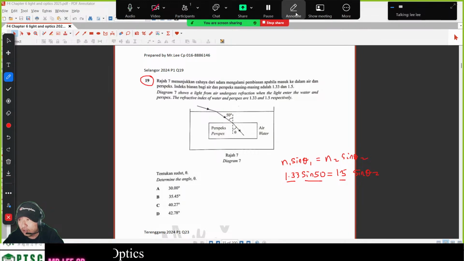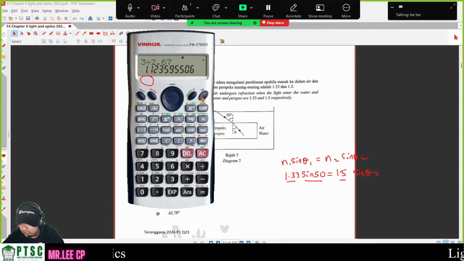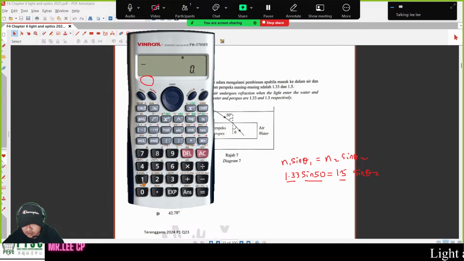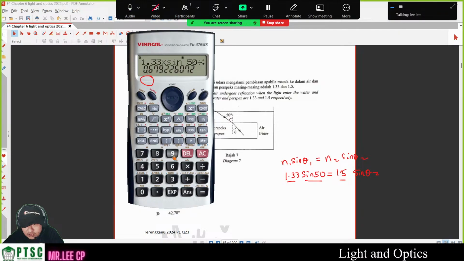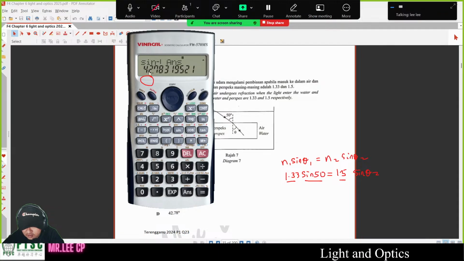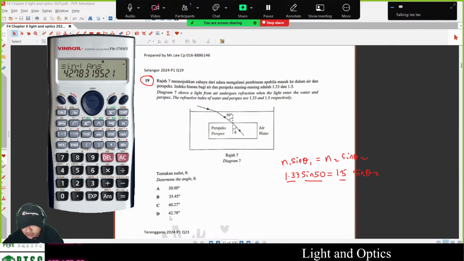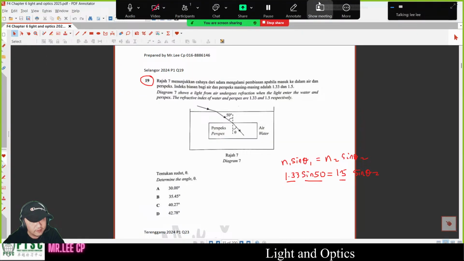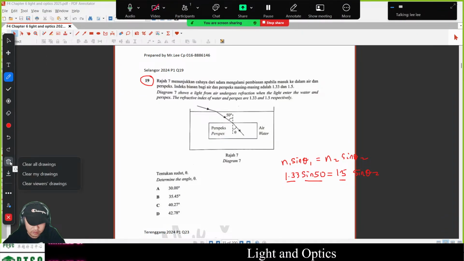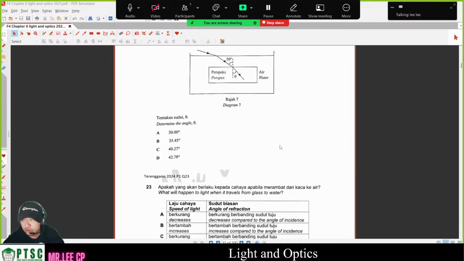So shift sine, you get the answer. 1.33 times sine 50 divided by 1.5, equal, then shift sine equal. So 42.8. Right, 42.78. Answer is D. All right, not very hard. You need to know which formula you have to use.